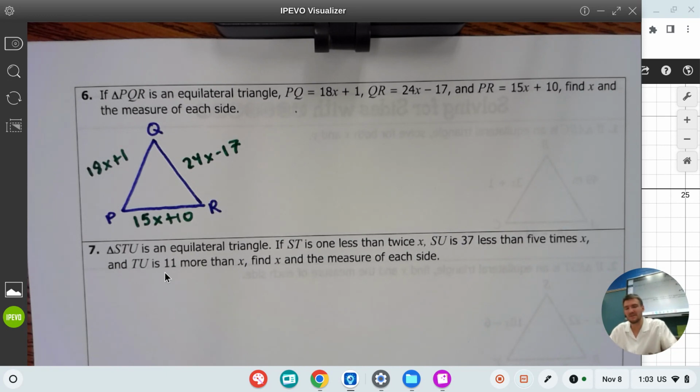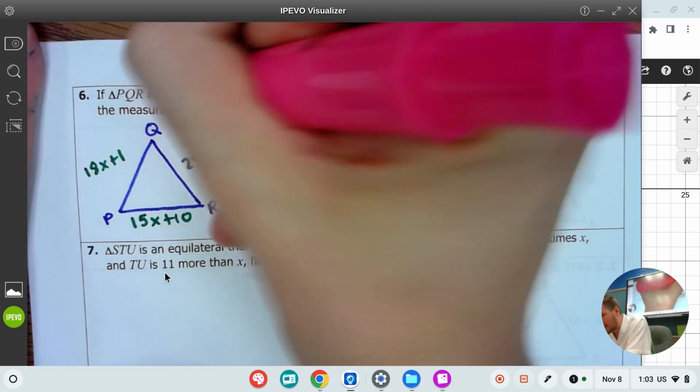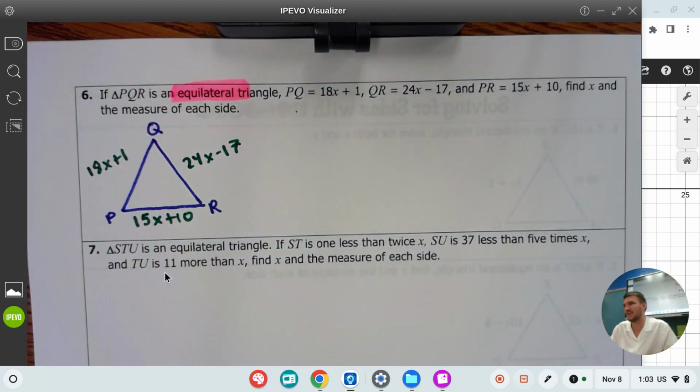I definitely want to read the question. The information I get is that we have an equilateral triangle. That's definitely the easiest version of what's going on, because we know they're all the same. It gives us a lot of options. It kind of makes it so we can't really mess up as long as we type everything in correctly.